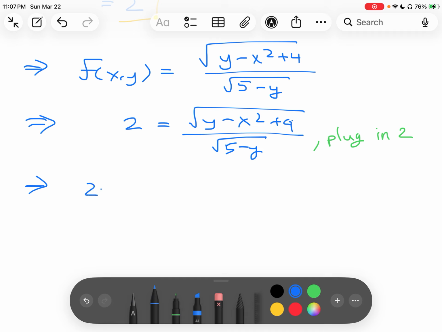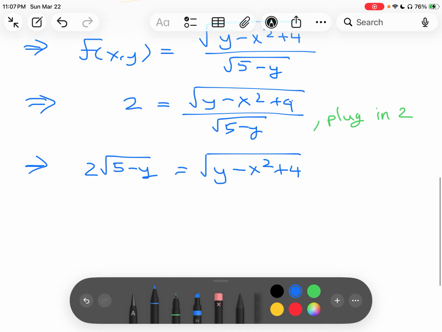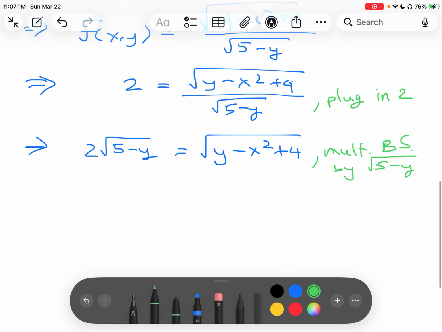So we have 2 times the root of 5 minus y equals the root of y minus x squared plus 4. What I did there was multiply both sides by the root of 5 minus y.